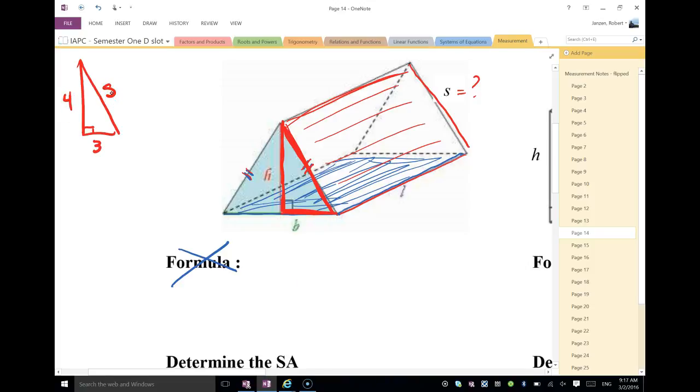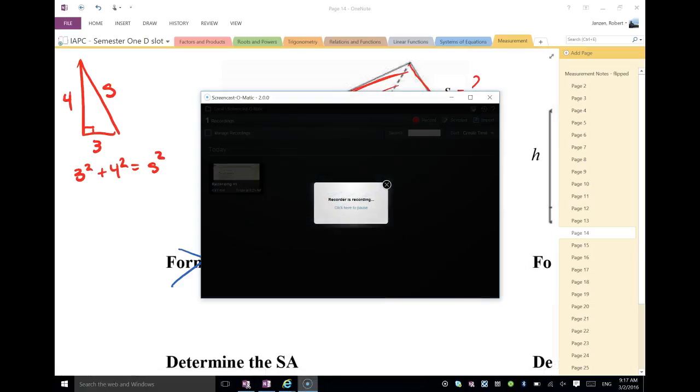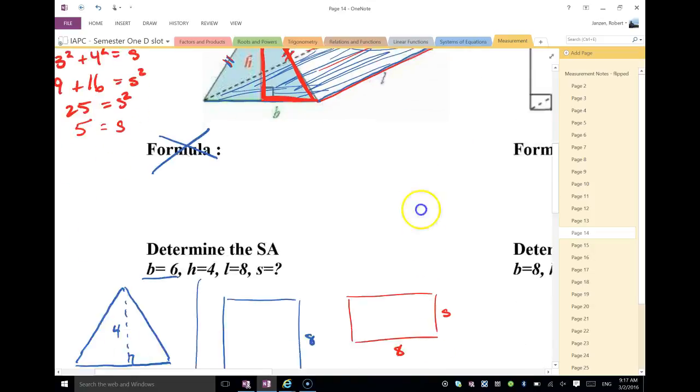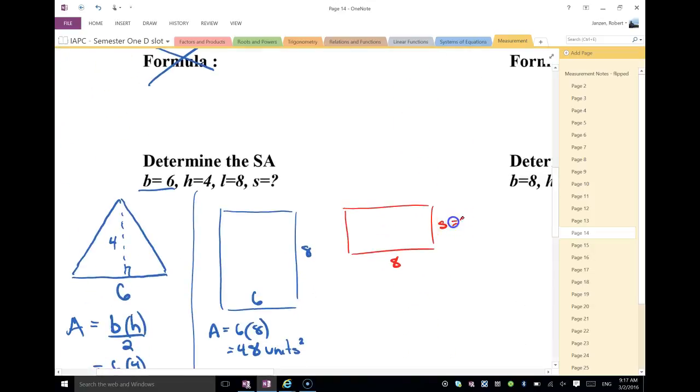If you remember back to Pythagoras, a squared plus b squared is c squared. So 9 plus 16 is s squared, 25 is s squared, and if I take the square root, s is 5. There's my missing measurement.